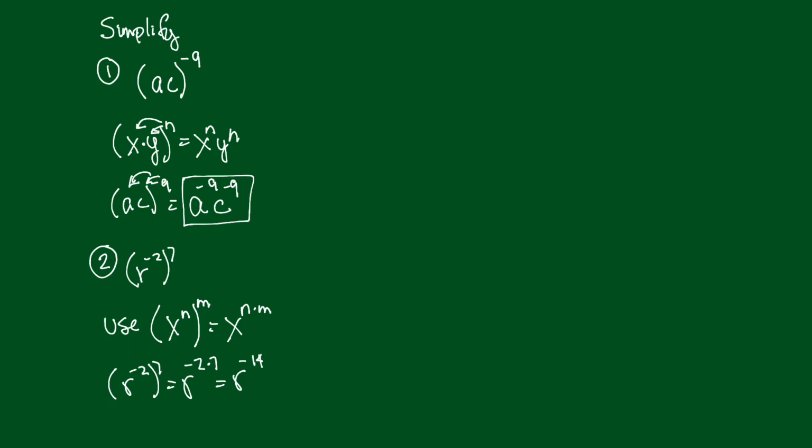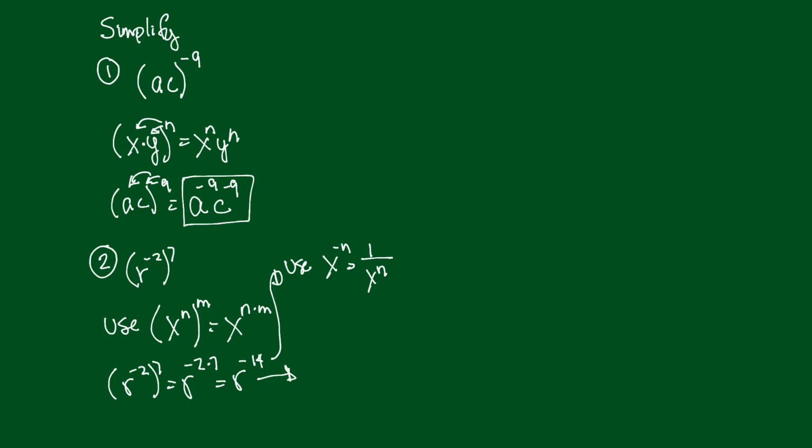Now, I didn't write it here, but the instructions on the problem say to write our answer with positive exponents only. So I'm going to use this rule right here. All right, here's a rule that says if you have a number with a negative exponent, what you can do is just take 1 over x to the positive exponent.